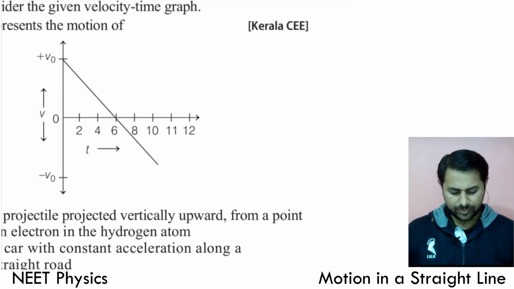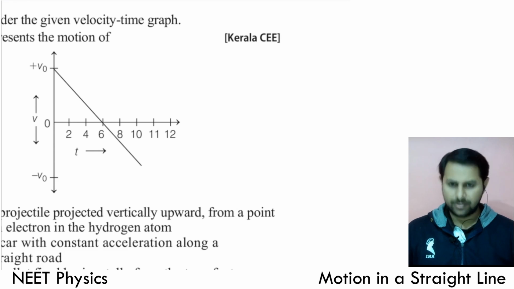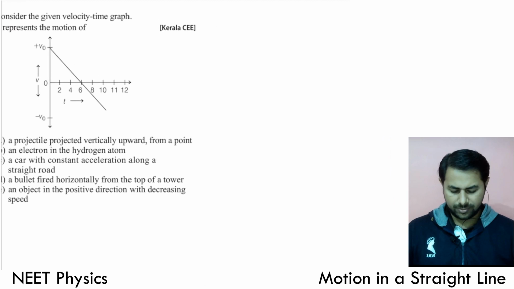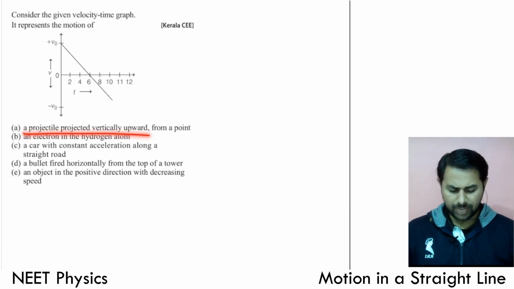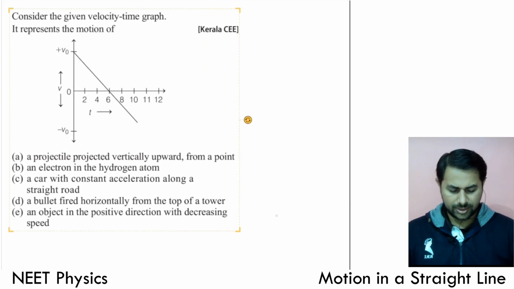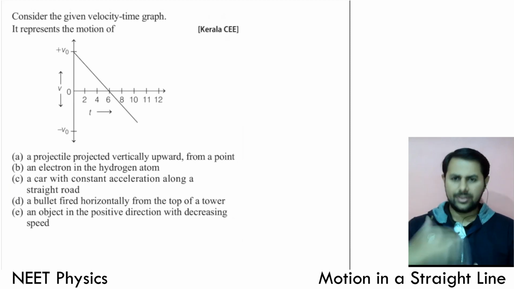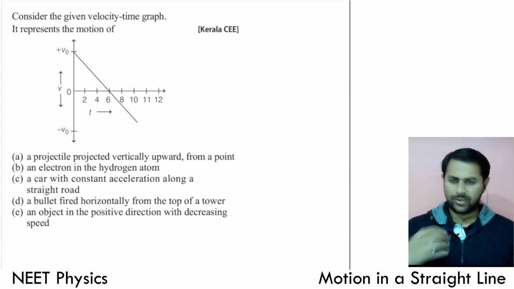No. Somebody else said something else. Option A, a projectile projected vertically upward from a point. Is it correct? When you throw a projectile upwards, initially the velocity is maximum, then velocity goes on decreasing, and direction is upwards, so you can take it as positive.